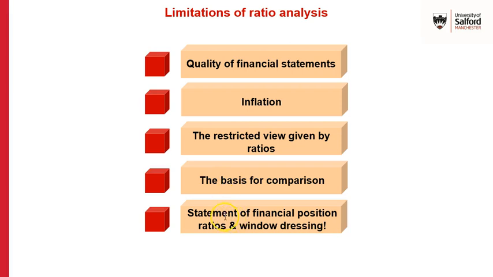And the statement of financial position, whenever we're using a balance sheet, we must be careful about the problem of what's called window dressing. In other words, they may have got their debtors to pay early through special discounts at the year end, so that their debtors figure looks very low for the year end, but that is an exceptional figure, and the day after it may be that figure suddenly rises as the debts are brought back onto the balance sheet.